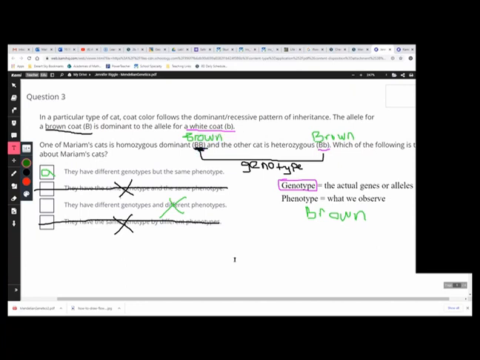And so a brown cat, in this case, could be capital B, capital B, because it has one allele saying it's brown and another allele saying it's brown. Or it could be capital B, lowercase b, because it would have one allele saying that it's brown and one allele very quietly, very politely saying, can I please be a white fur?